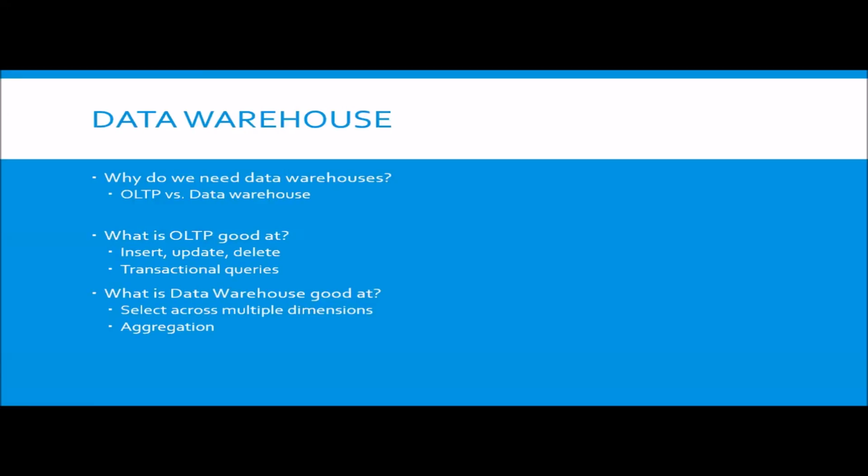What does that mean in a database sense? It means they're really, really good at inserting new information, updating information, or deleting information, right? So they are exceptionally fast at transaction processing.